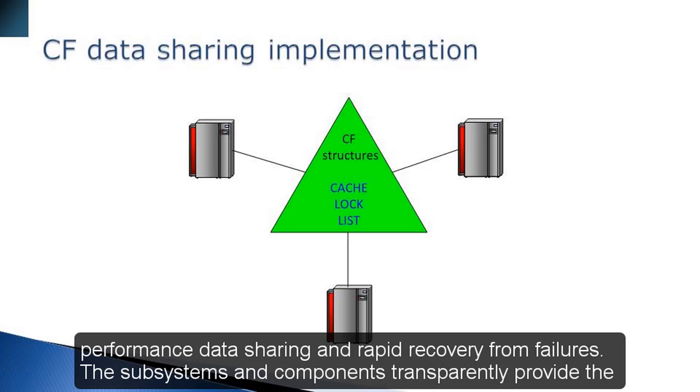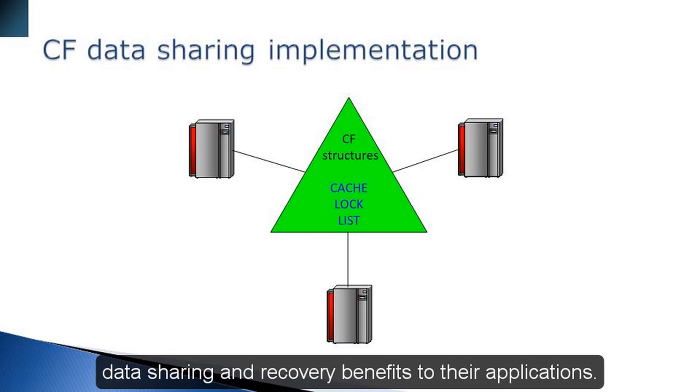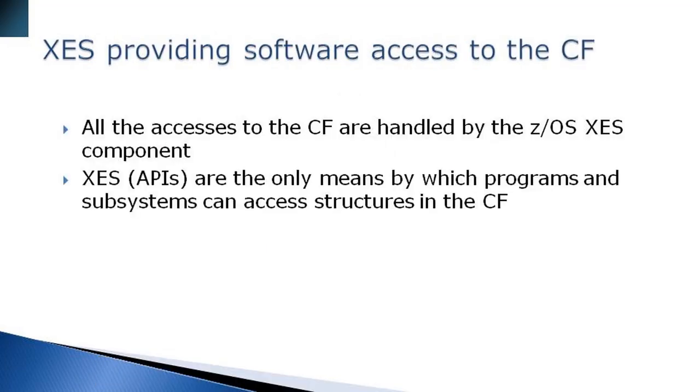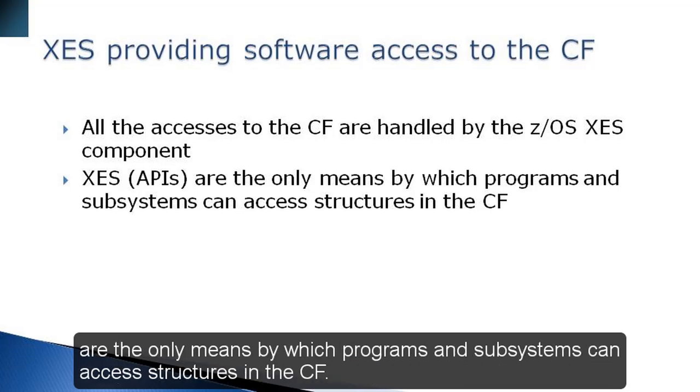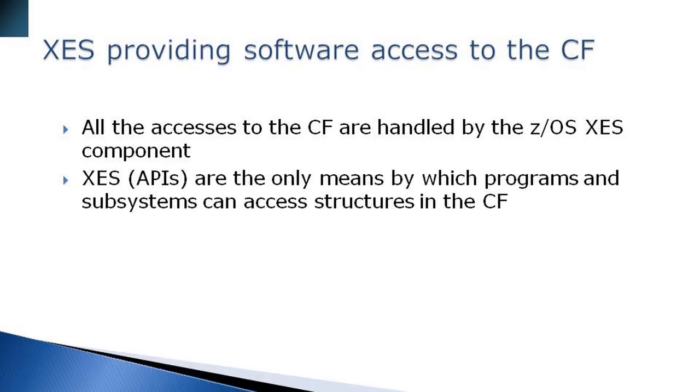The subsystems and components transparently provide the data sharing and recovery benefits to their applications. All the accesses to the CF are handled by the XES component. XES application programming interfaces are the only means by which programs and subsystems can access structures in the coupling facility.